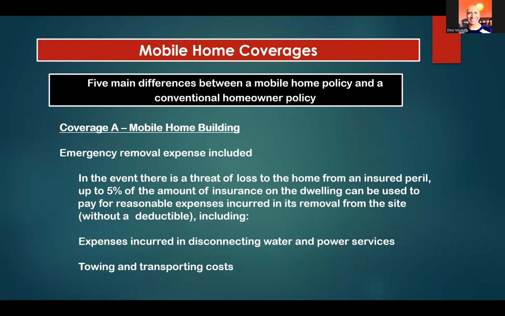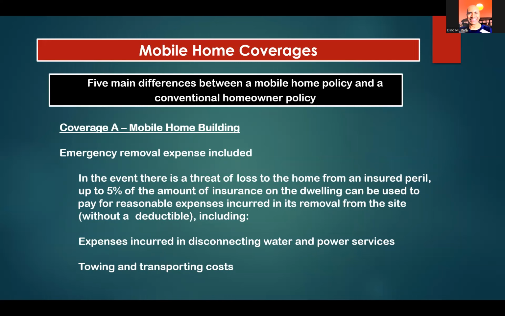Then something else very unique to mobile home is the emergency removal expense included. Because of hurricanes and things like that in a mobile home park, you're being asked to evacuate very quickly. In the event there is a threat of loss to the home from an insured peril, like a windstorm is a good example, or a forest fire could be another example, up to 5% of the amount of insurance on the dwelling can be used to pay for reasonable expenses for moving.